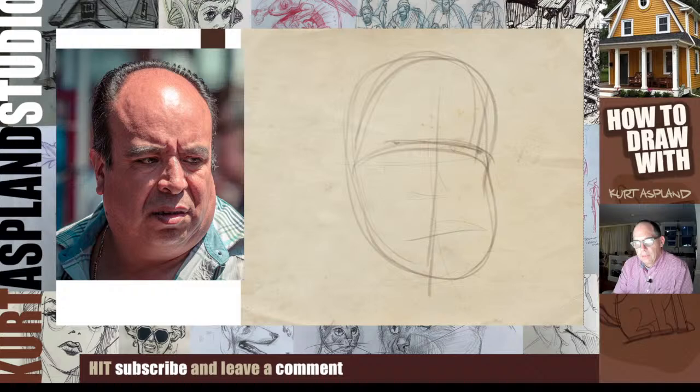And then the center of his face is coming down here. And I'm cautiously looking at this, that it's closer to the right-hand side there. All right, so we have that.